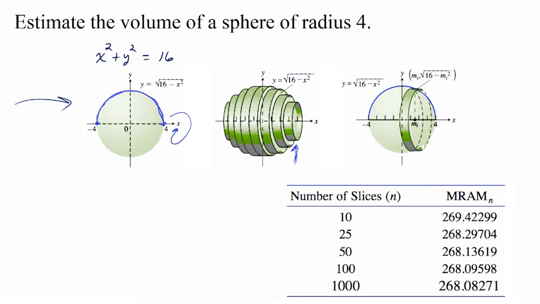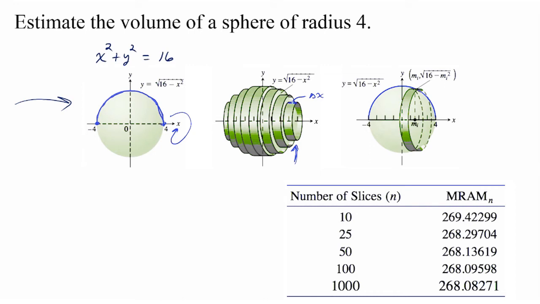And again, look at these cylinders. They're oriented sideways so that the bases, top and bottom, are actually to the left and to the right. So delta x will now correspond to the height of each cylinder.